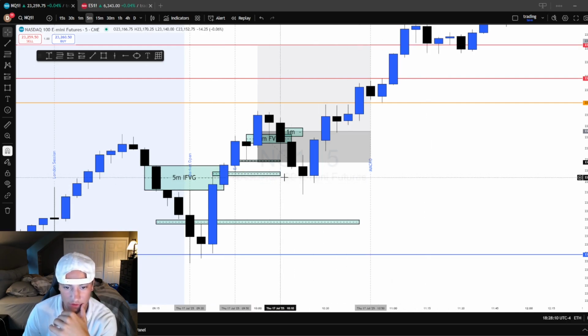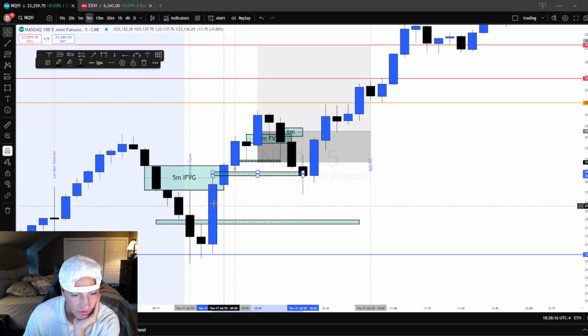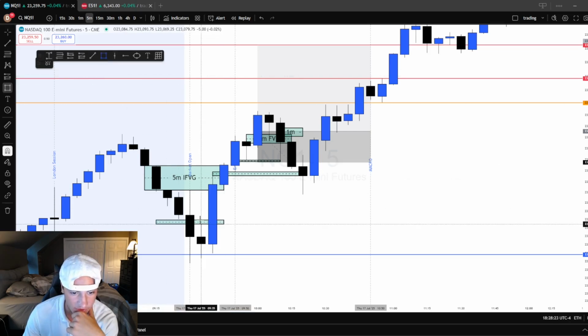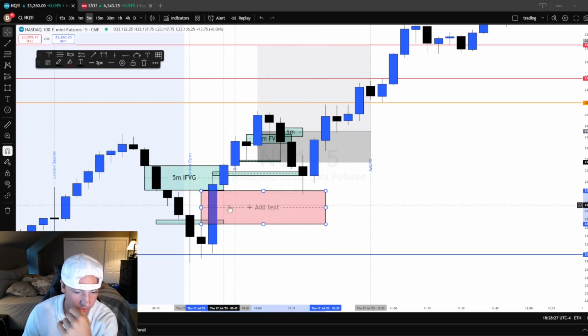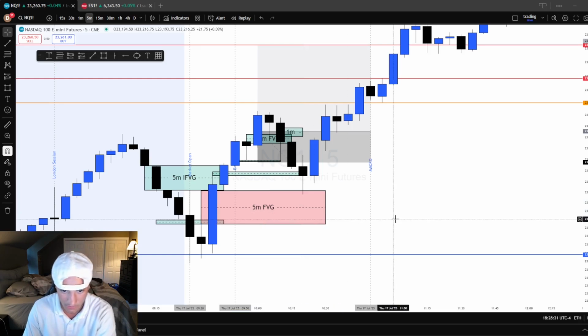Oh no, this is a 5-minute fair value gap, I guess. These little ones. I was focused on these little baby fair value gaps when I should have been focusing on this nice, beautiful fair value gap created on the 5-minute.